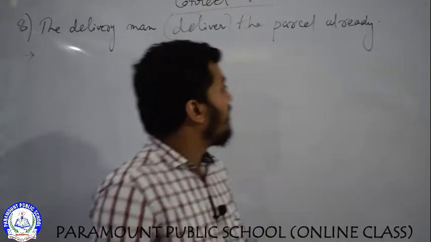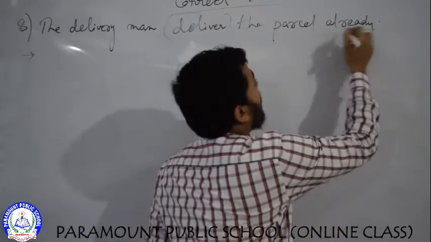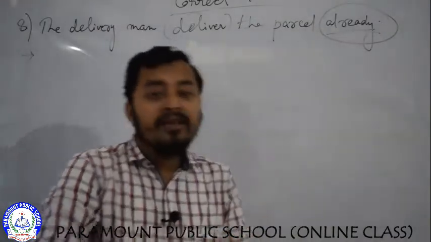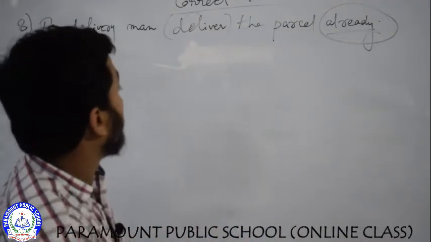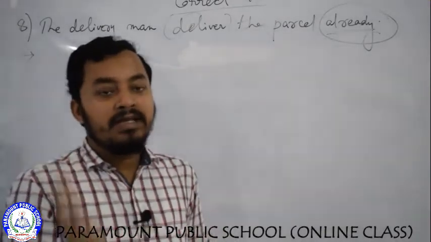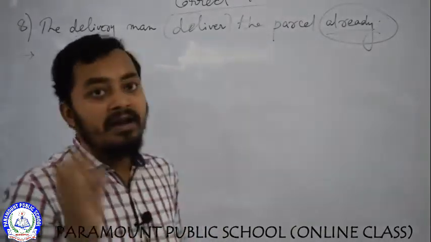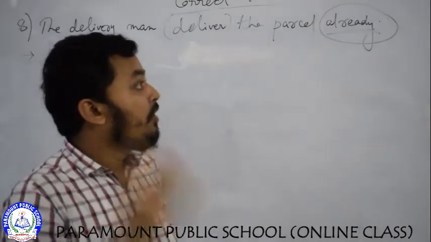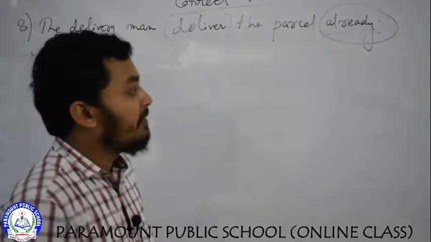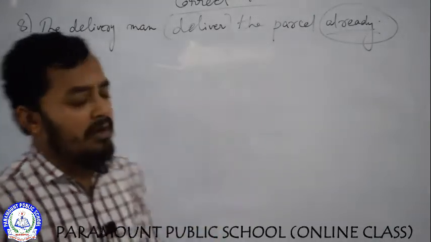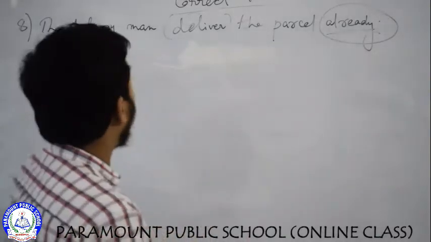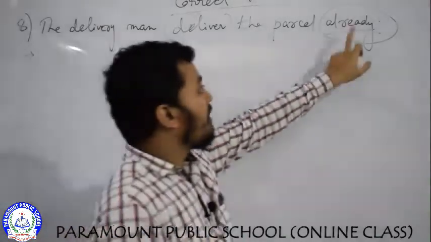So you see the word already is there. There are some time phrases which are used in present perfect tense. For example, just now, never, ever, recently, already, lately. These are the time phrases which are used in which tense? Present perfect tense. All right. So the word already is there.